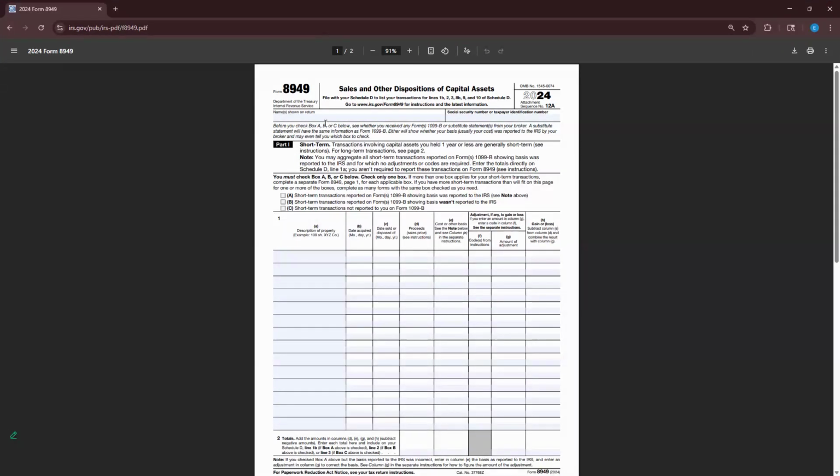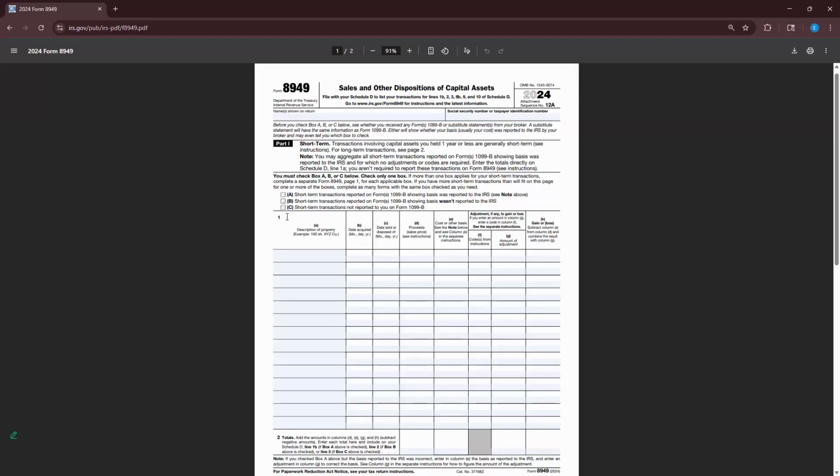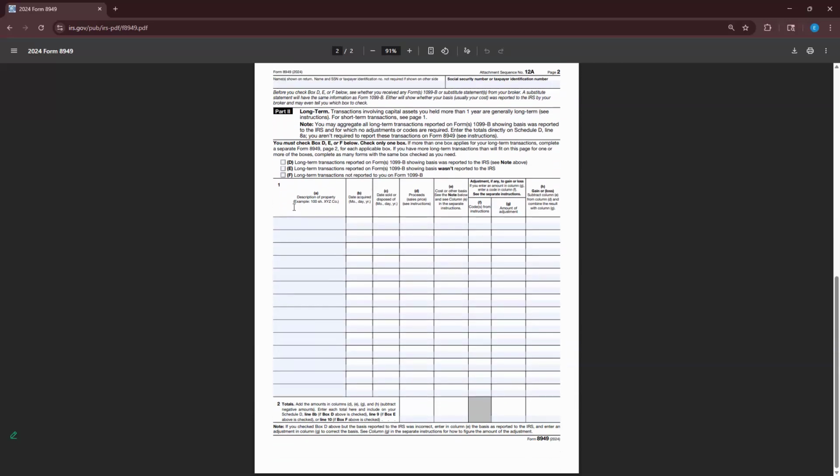This is attached with your tax return. It lists the name shown on the return, the Social Security number, and then you list out your short-term assets. You need to check: was it reported on Form 1099-B, with the basis or not? And then maybe it was not reported on 1099-B at all. The next section deals with the long-term assets. So that's essentially what we would see on Form 8949.